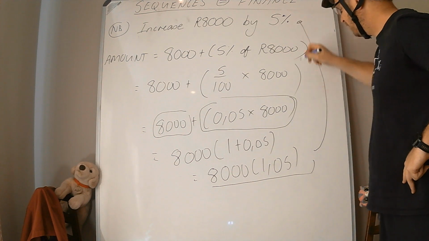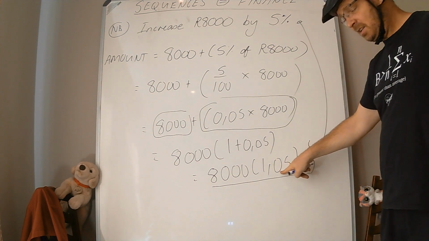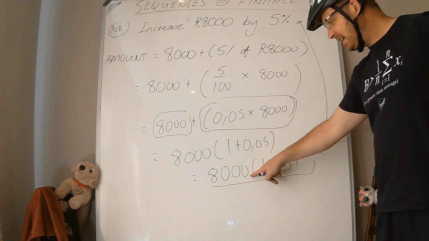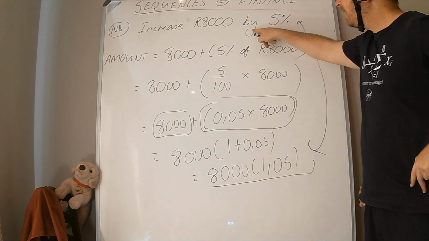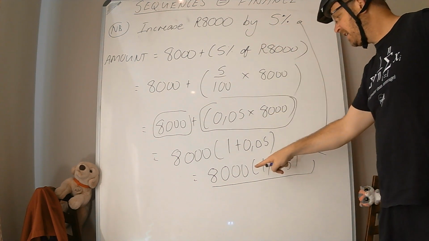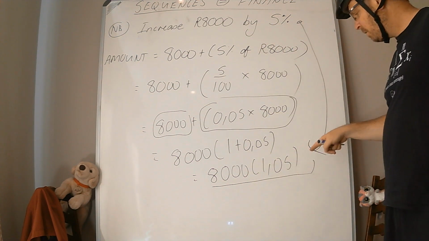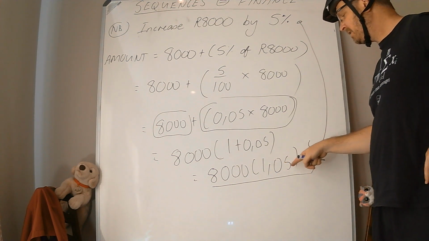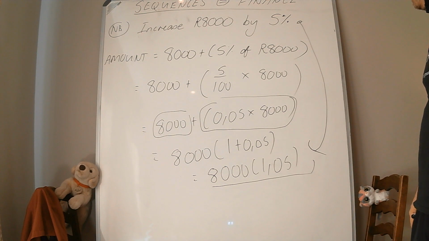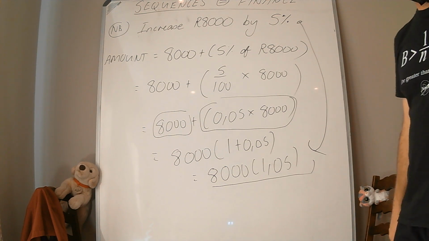Again, I want you to be able to go straight from there. You must know that 8,000 times 1.05 means you're increasing 8,000 by 5%. Likewise, if I say increase 8,000 by 5%, it'll be 8,000 times 1 plus 5%, which is 1 plus 0.05, and we get 8,000 times 1.05.